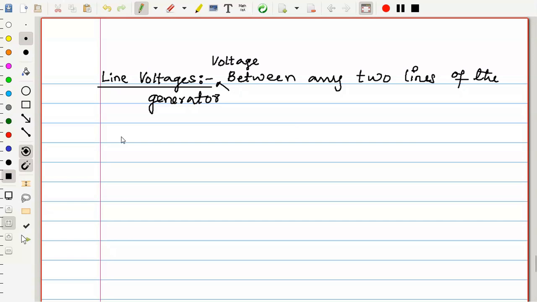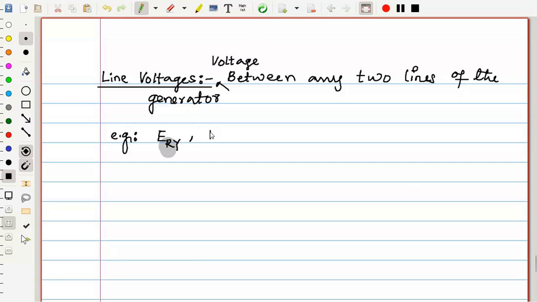For example, between R and Y, we could represent it as E suffix RY. What it means, try to understand carefully, is that R is positive with respect to Y. That should be very clear to you. Whichever we first write in the suffix, that is at the arrowhead. The other is the non-arrowhead. Arrowhead is equivalent to positive. Non-arrowhead is equivalent to negative.